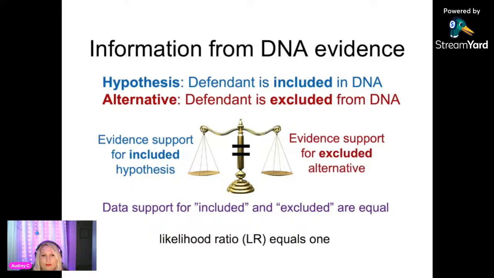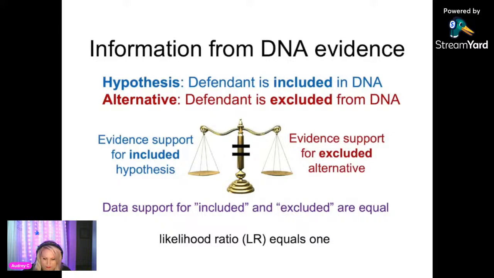They do this by examining the evidential support for a hypothesis and its alternative. The hypothesis is typically that the defendant is included in the DNA item. The alternative is the opposite, that the defendant is excluded from the DNA evidence.